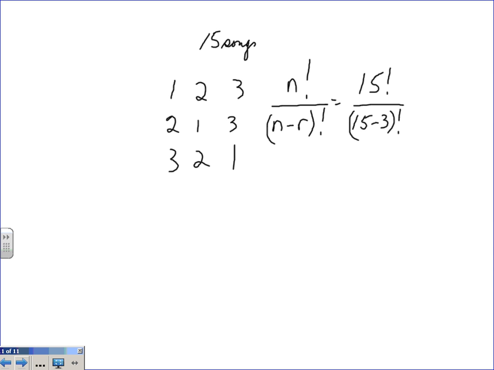Here's what we can do here. We can go 15 times 14 times 13 times 12 factorial, 12 all the way down, divided by the 12 factorial, 15 minus 3. And now the 12 factorials will reduce.